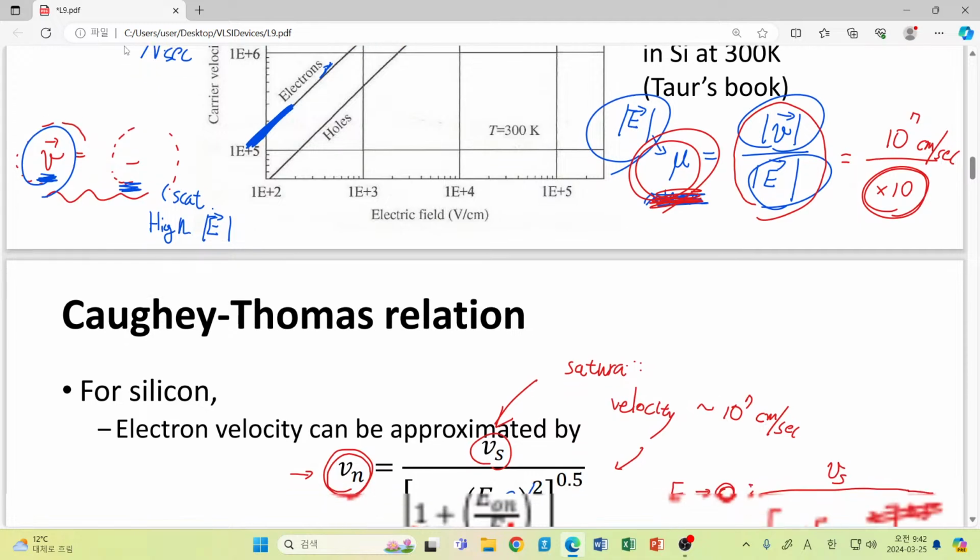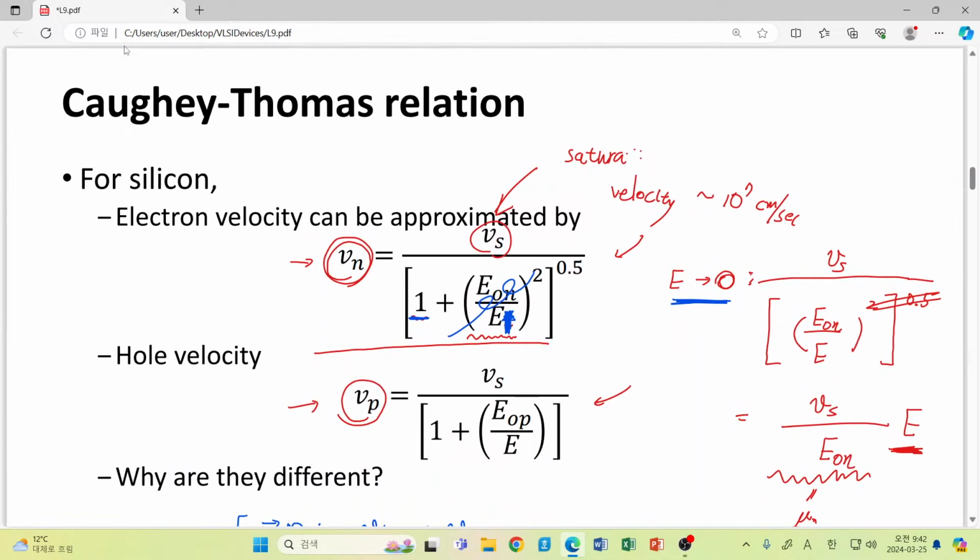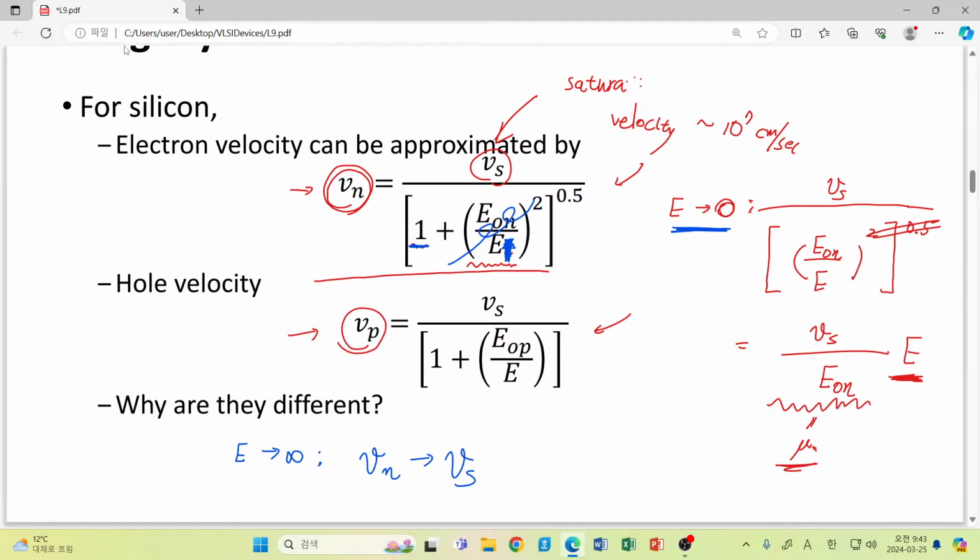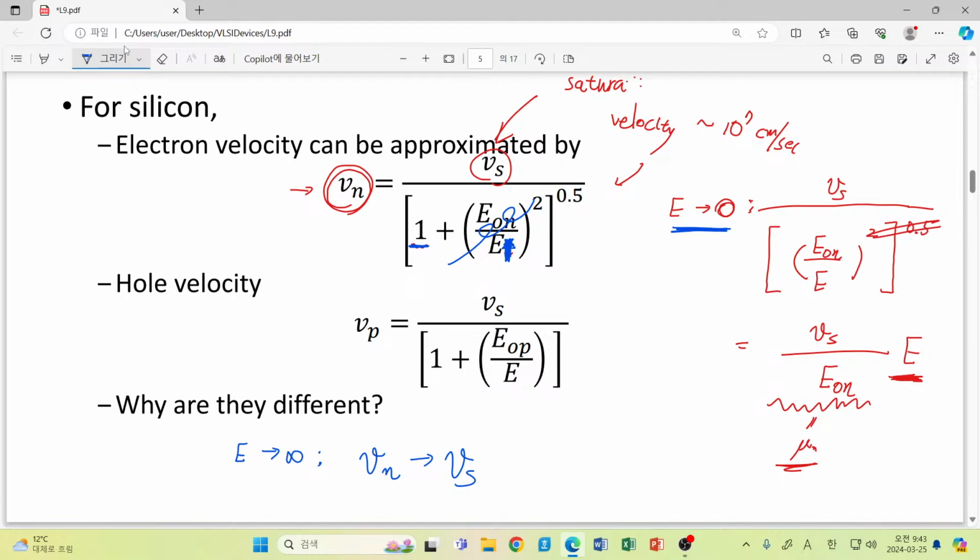So if you ask me why we have to have this form, then actually there is no fundamental reason we have to have this form. This is just an expression to describe experimental data. And please have a look at the difference between electrons and holes. They look quite similar, but here you can see the difference in numbers.